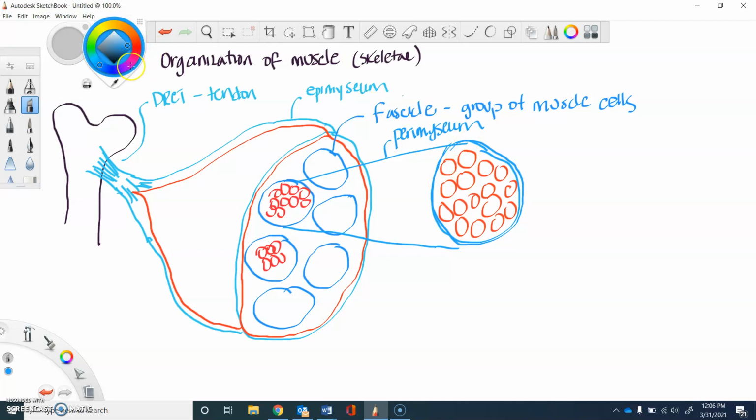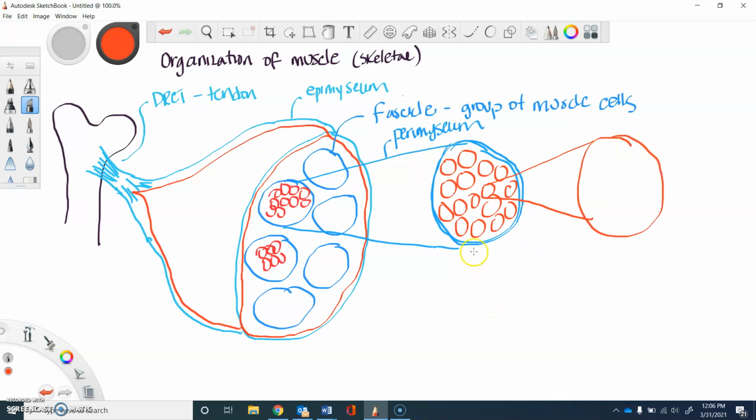So if we pull out a muscle cell, we also have some connective tissue that goes around that as well. And that connective tissue, we'll do that darker blue, goes around it, and it is loose connective tissue.